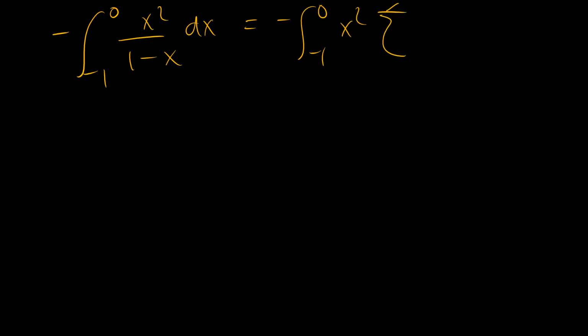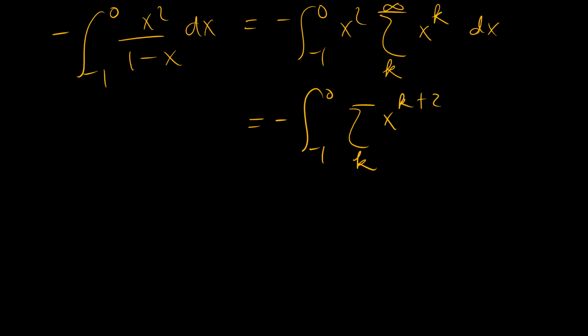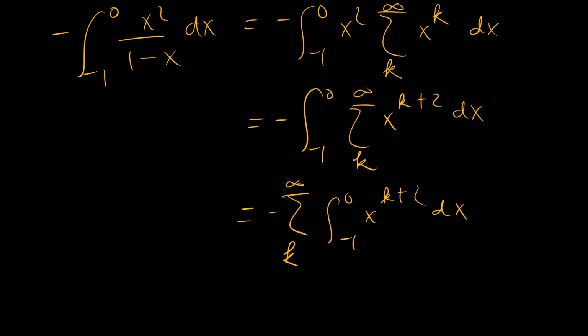So negative the integral from x equals -1 to 0 of x squared over 1 minus x can be expressed as x squared times the sum to infinity over k of x to the power k. Which is the same as negative the integral, and we can always take the integral sign inside the sum and keep going.